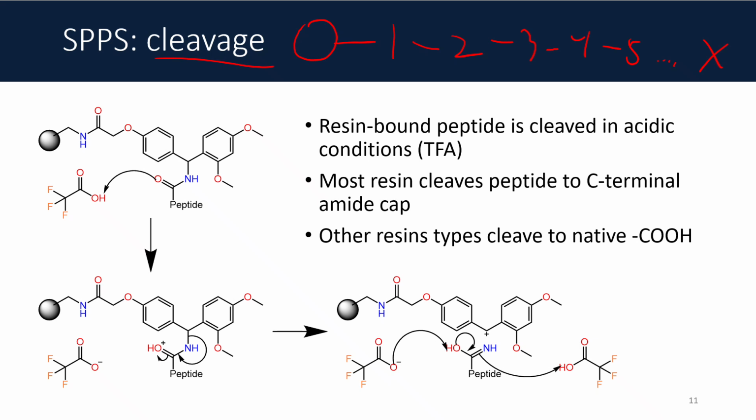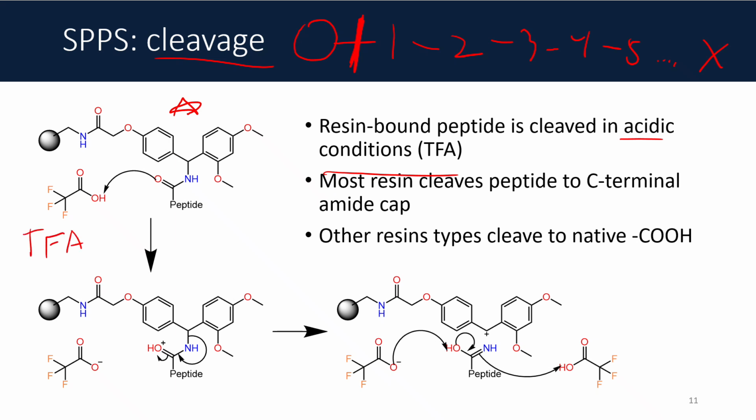The solid support contains a special dibenzyl linkage that I'm showing over here that's very weak to acid. And the acid that we use to cut the bonds over here between the first amino acid and the resin is TFA, trifluoroacetic acid.